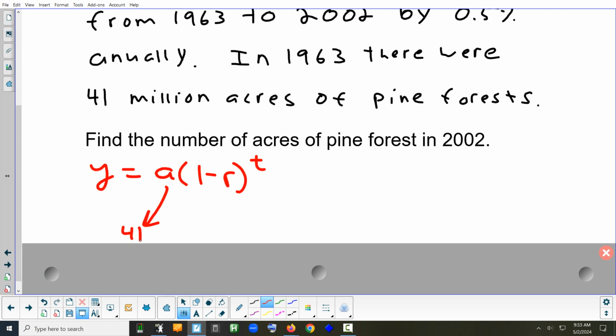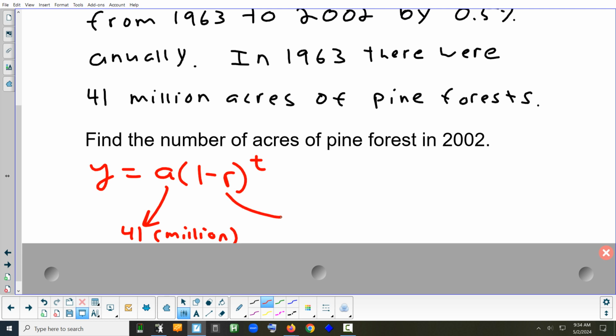But we got to remember, when you get an answer from this, it's in millions. So let's say we plug a number in and the answer comes out to 22. It's not 22 acres, it's 22 million acres.